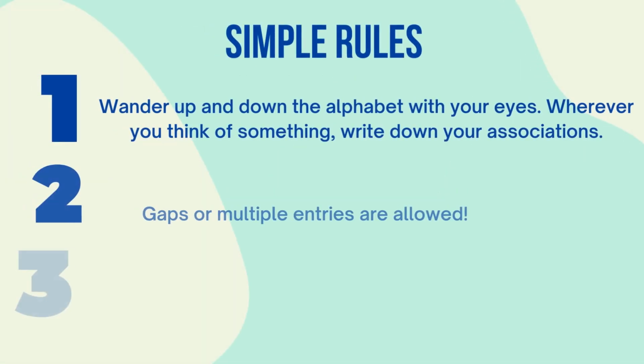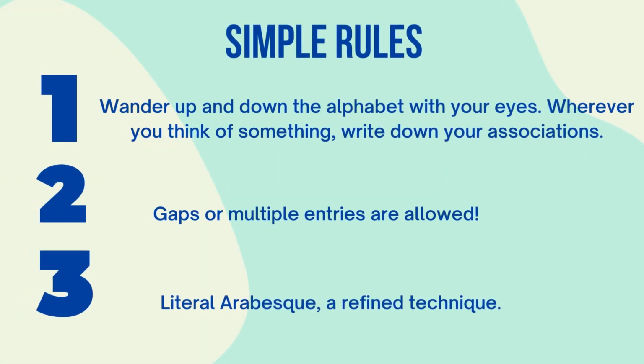We have 3 simple rules to follow when working with the ABC list. First rule, wander up and down the alphabet with your eyes. Wherever you think of something, write down your associations. So you start somewhere on the list. It can be the A or H or another place on the alphabet.